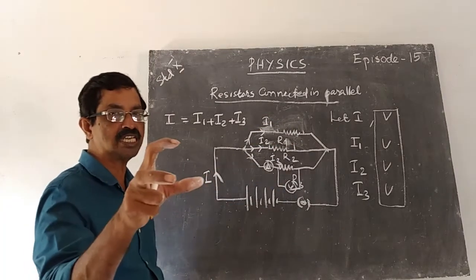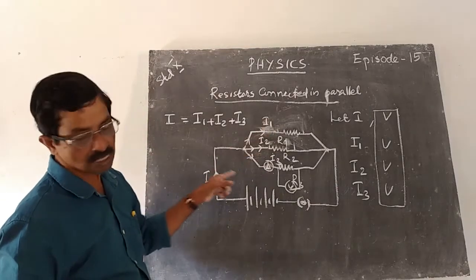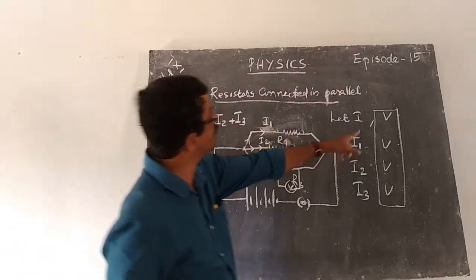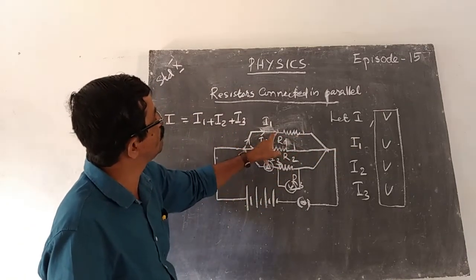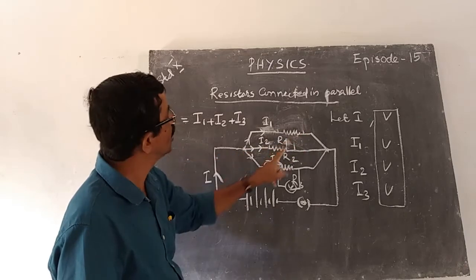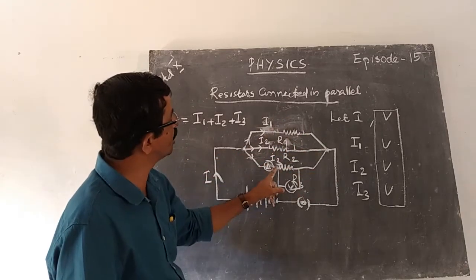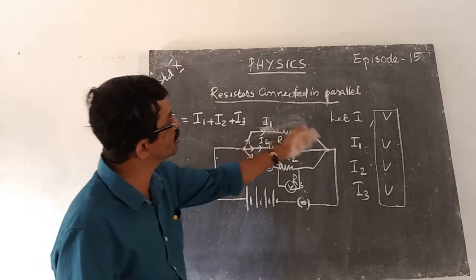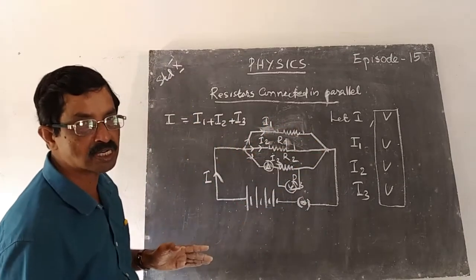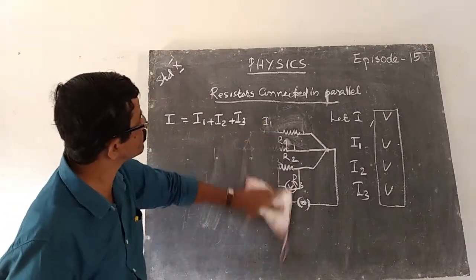Across R1 when we measure, that is V, across R2 that is also V, and the third one is also V. Potential difference throughout remains the same.